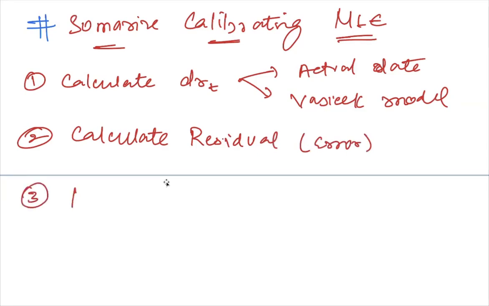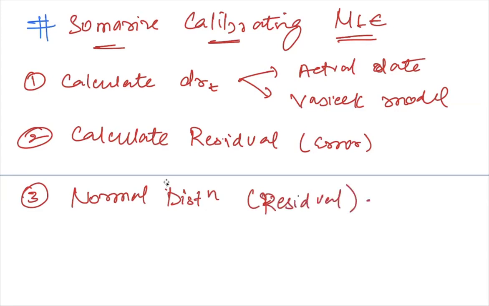Third step is to take the normal distribution of the residual with a mean of 0 and a standard deviation of sigma. Why mean of 0? Because we want these residuals to be 0, right? And when this residual is 0, what does this mean? That the actual data is the same as the Vasicek data.